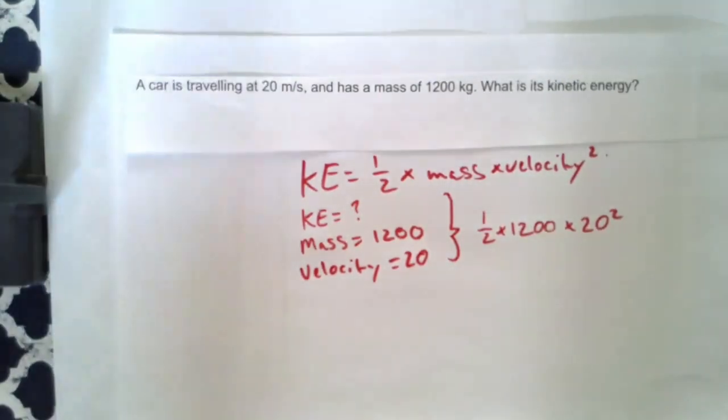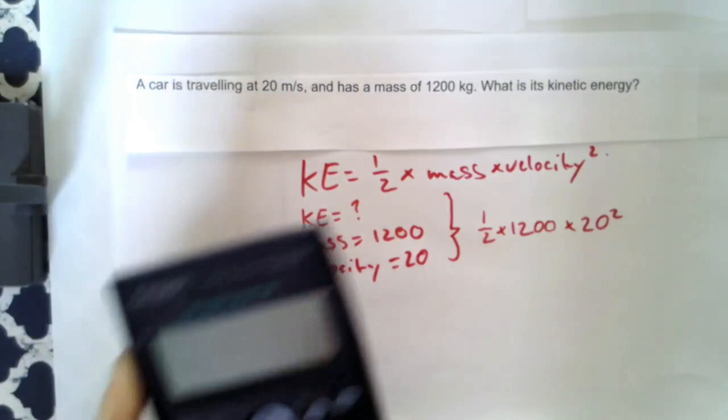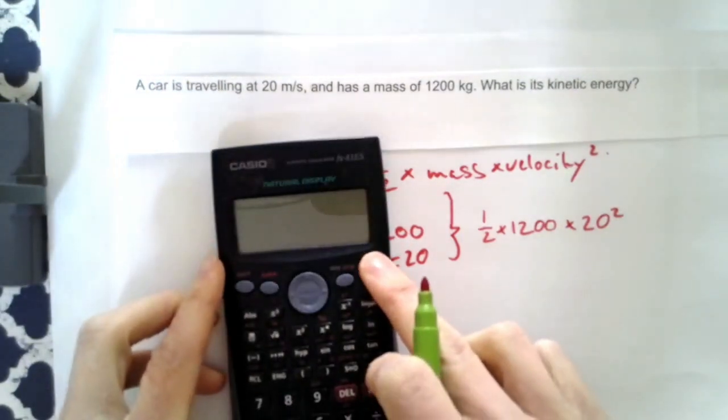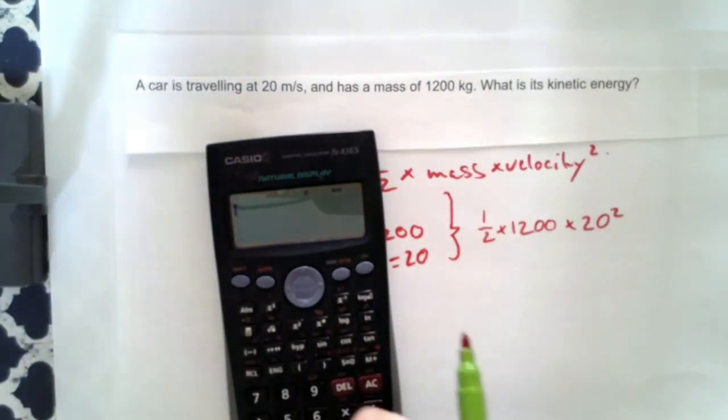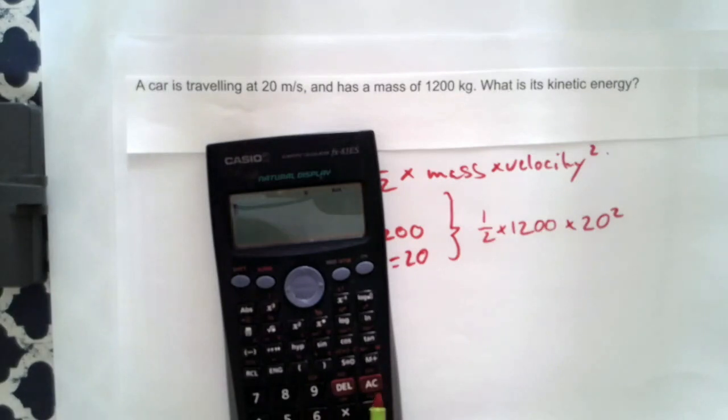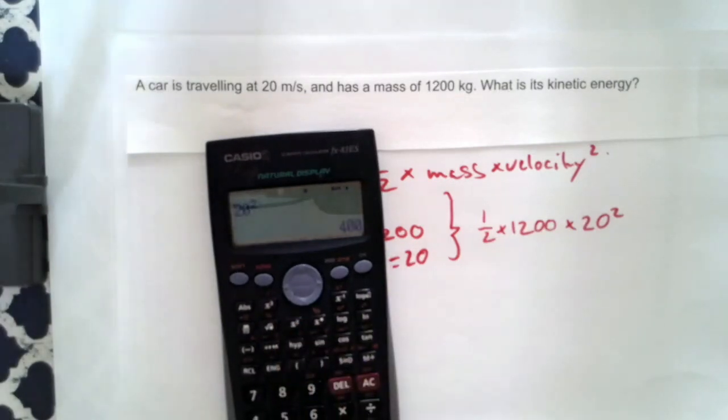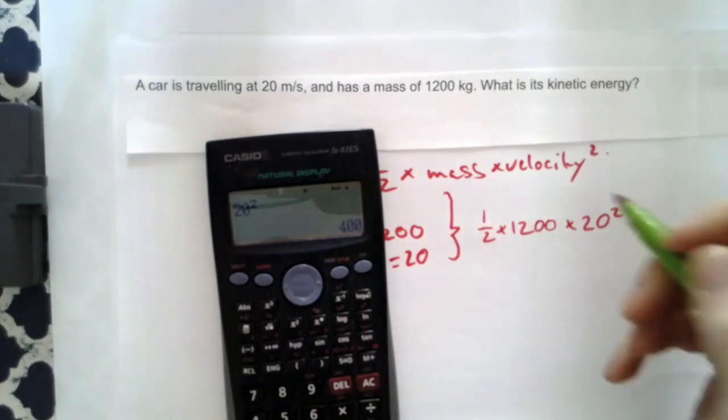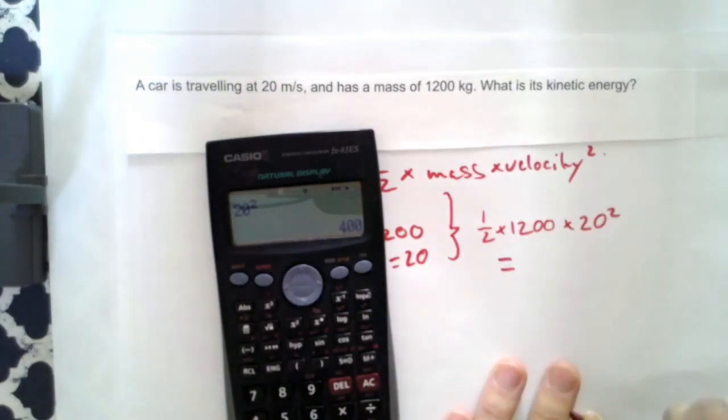Okay, and it's good when you're doing this to do it in little bits, so get your calculator. 20 squared to start it out, just because sometimes if you put the term like that straight into the calculator you can make mistakes.